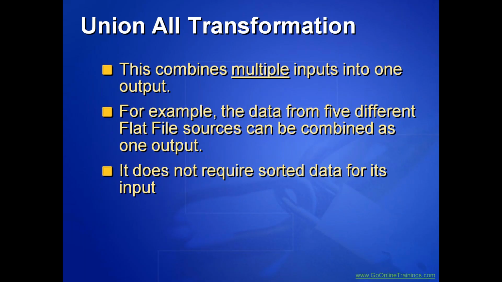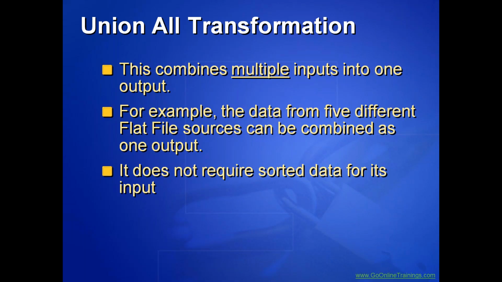Now if I have more than two, how do I merge the data? That is where we use the union all transformation. It combines multiple inputs into one output. For example, the data could come from five different sources: a flat file, Excel, XML, a SQL Server table, and an Oracle database.